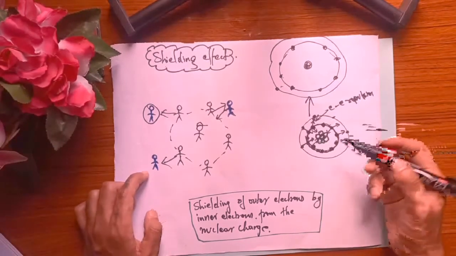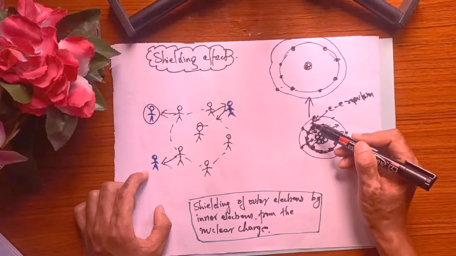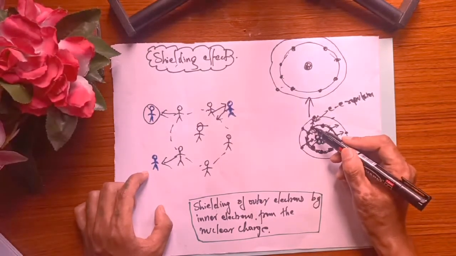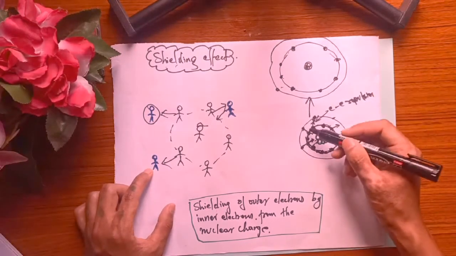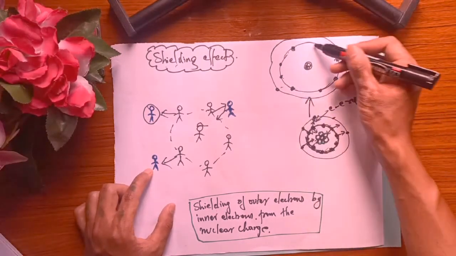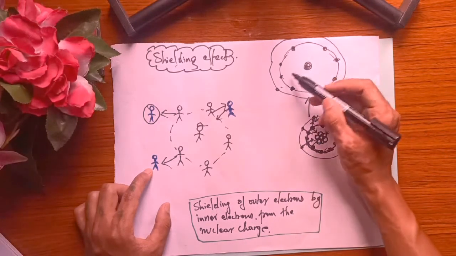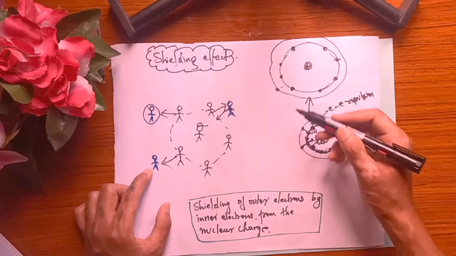Alright, but also note this: if you have more electrons in the inner shell, that will also mean you have more repulsion, so there is more shielding effect. But you also have to consider something. If the inner shell is big enough and far away from the nucleus, just like in this case, there will be less shielding effect.